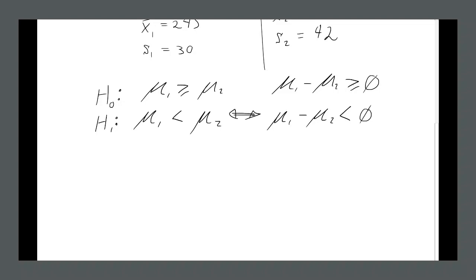So it has that possibility of what mu1 minus mu2 might be equal to. And the claim here corresponds to H1. So that's step 1, writing down our null and alternative hypotheses and the claim.